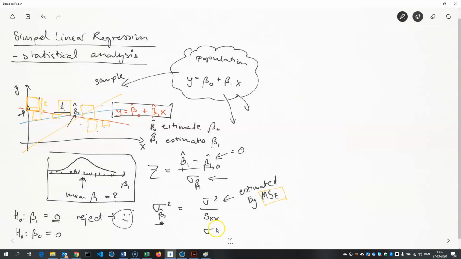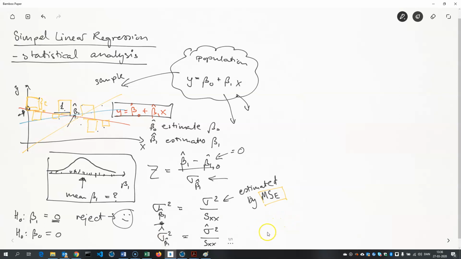So if we replace this true variance by the estimated variance, that is this mean square error here, divided by the sum square error of the x values, then we get what you could call an estimate of the variance in beta 1.